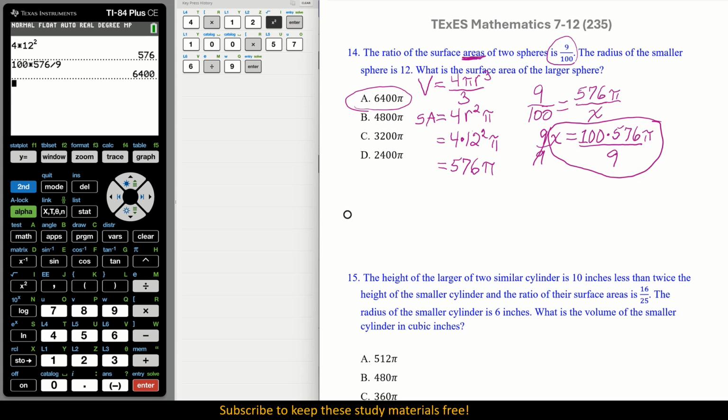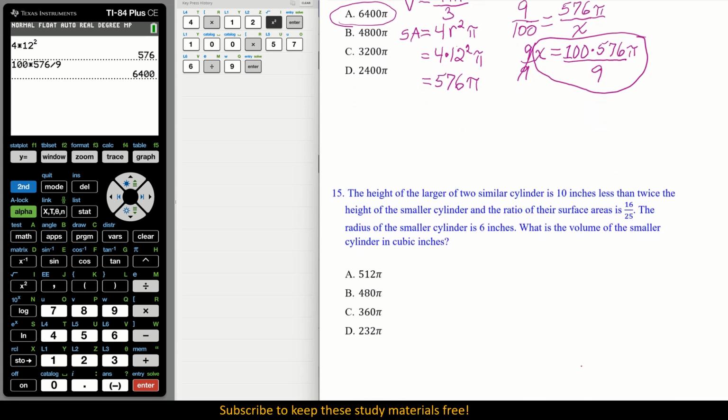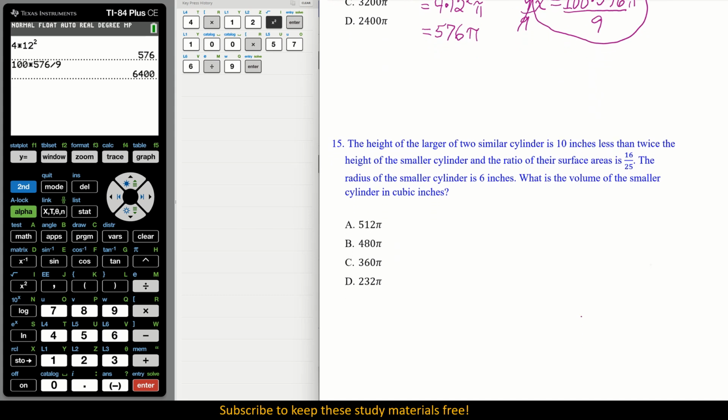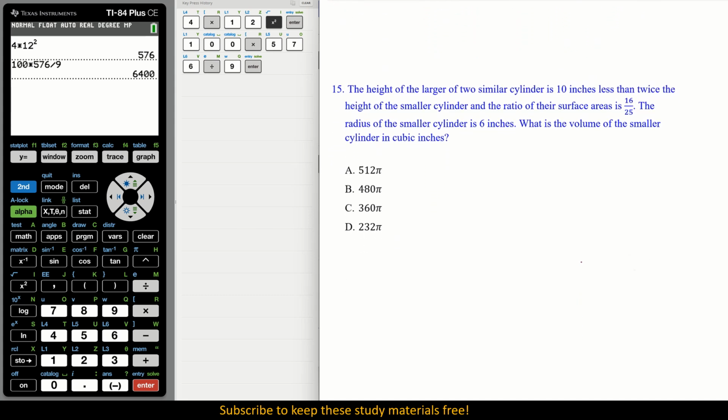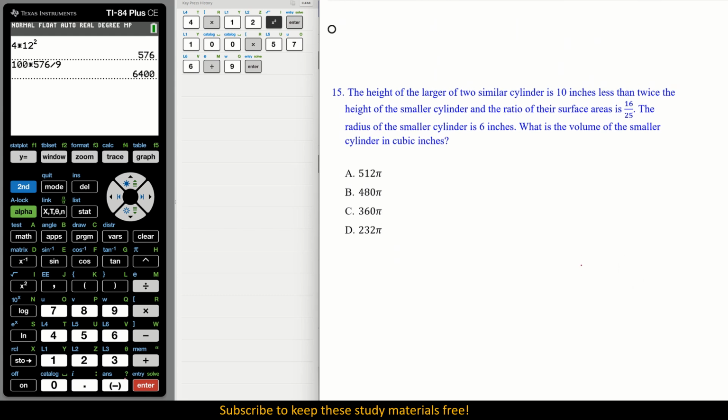All right. Well, let's go to number 15 here. I'm going to need room to write. I can already see this. Okay. The height of the larger of two smaller cylinders is 10. Height of the larger. So that's our larger one.